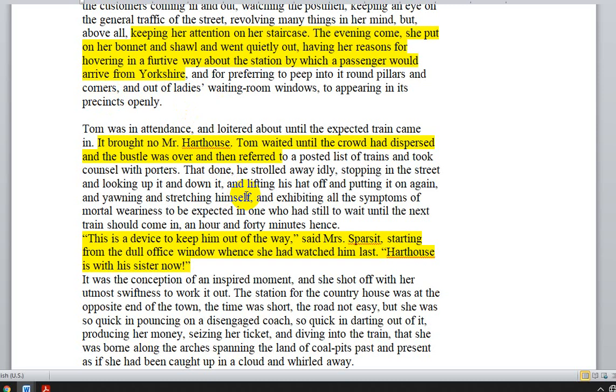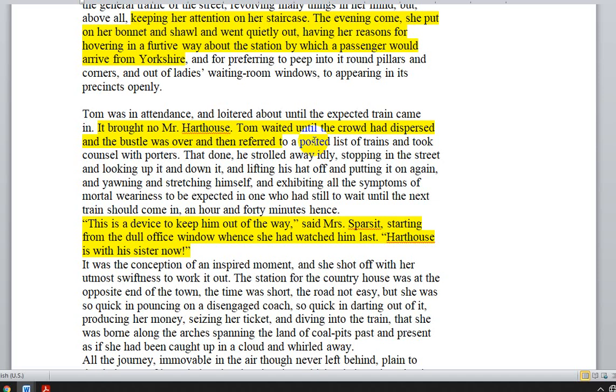Tom was in attendance and loitered about until the expected train came. It brought no Mr. Hothouse. Then Hothouse was not in Yorkshire, and he is not going to meet Tom at this particular time.